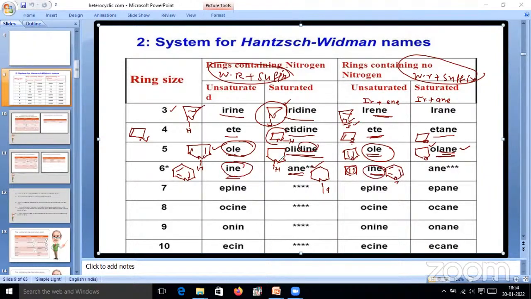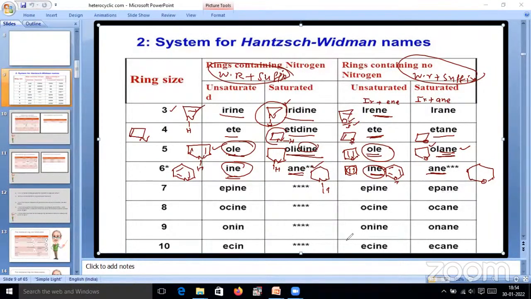For unsaturated system, there is no difference between 5-membered nitrogen or without nitrogen containing compounds or 6-membered nitrogen or without nitrogen containing compounds. There is difference only in case of saturated and unsaturated systems. Suppose if it is without nitrogen containing heterocyclic system with saturation, you can write as ane.